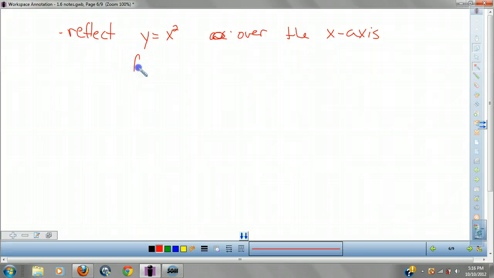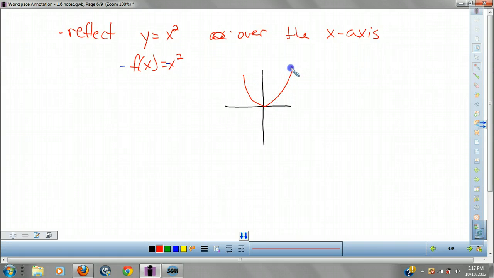Okay, so you can think about it as if I had written f of x equals x squared, right? So if I put a negative sign in front, let's put a negative over here. That means if my original graph, which I'm going to draw in red, looks like this, y equals x squared, my new graph, y equals negative x squared, should look like this.